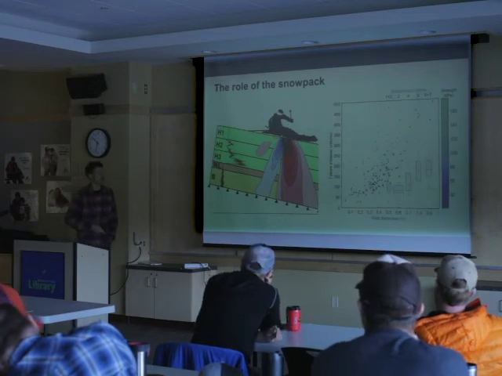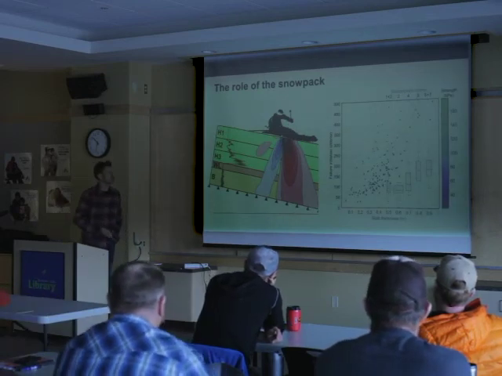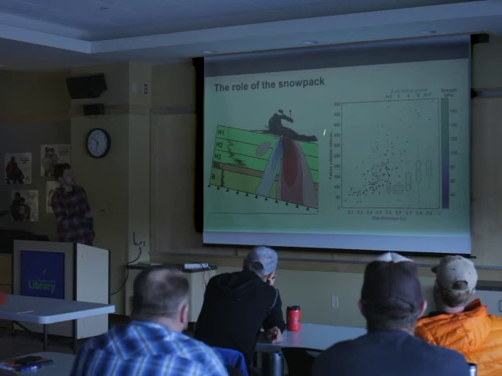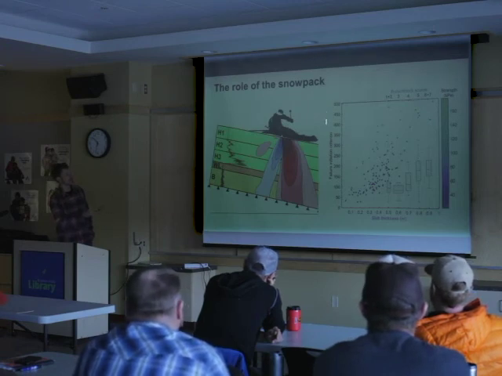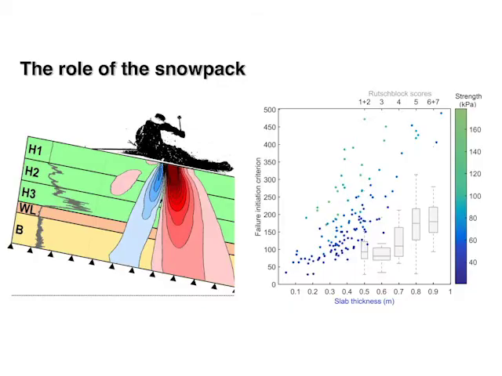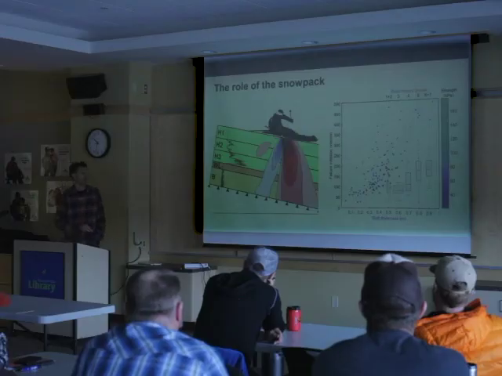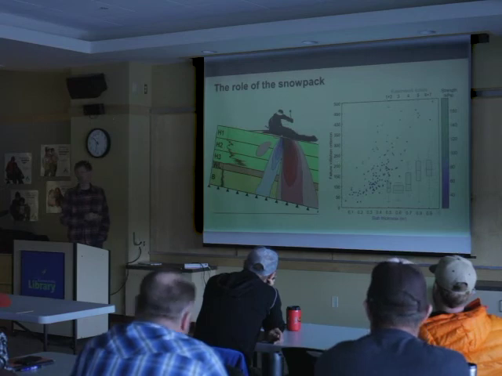If I look at the data and I put the failure initiation criterion on the vertical axis, and I put slab thickness down here, you can see an increase. So that means that the slab thickness has a control on failure initiation.